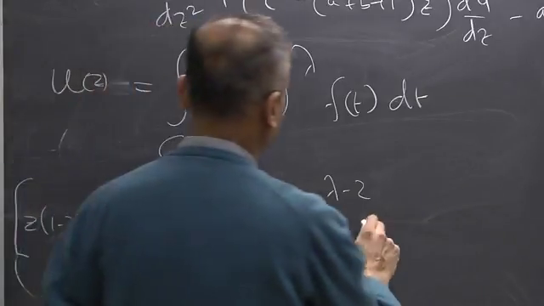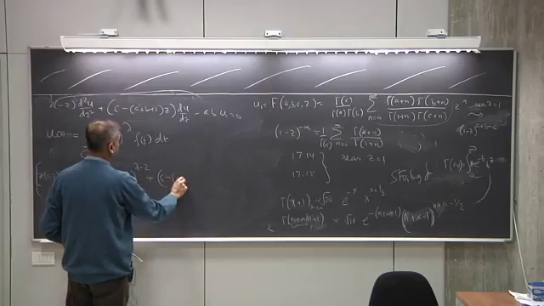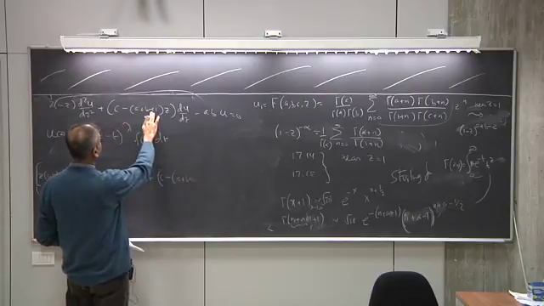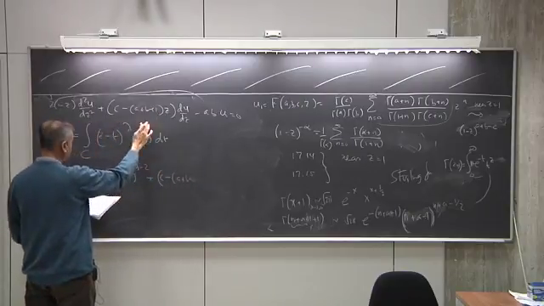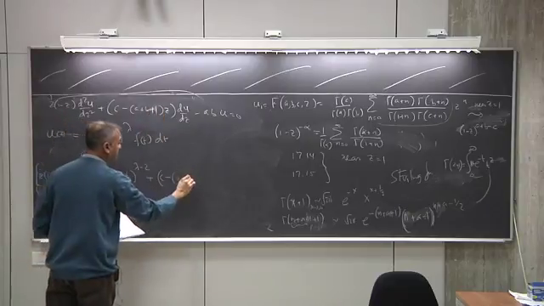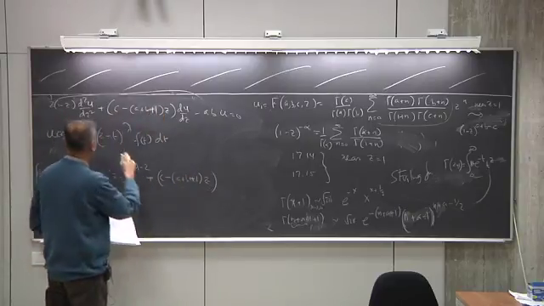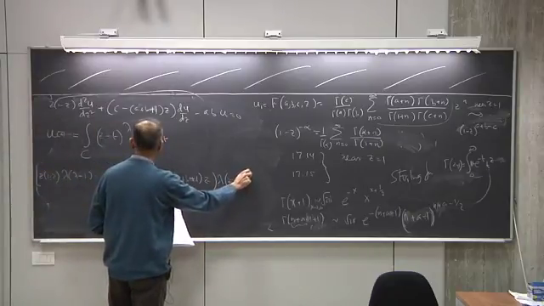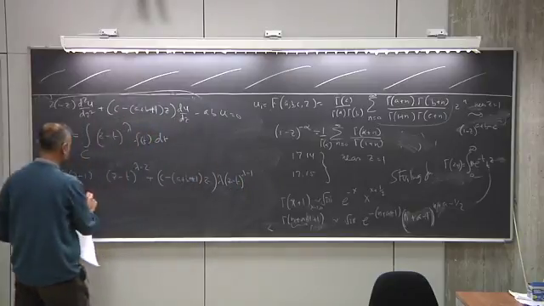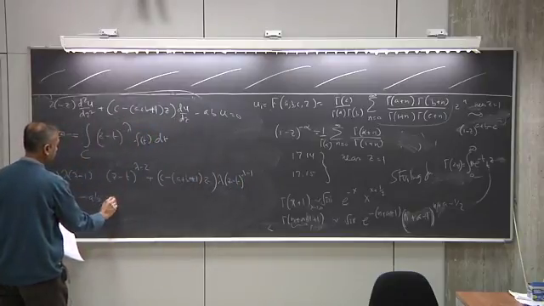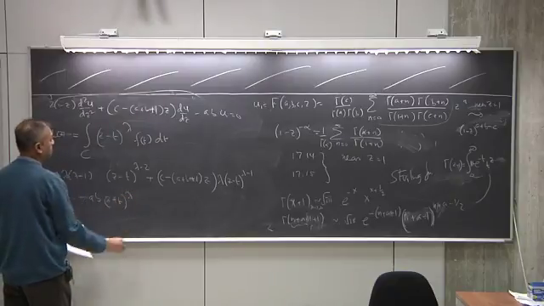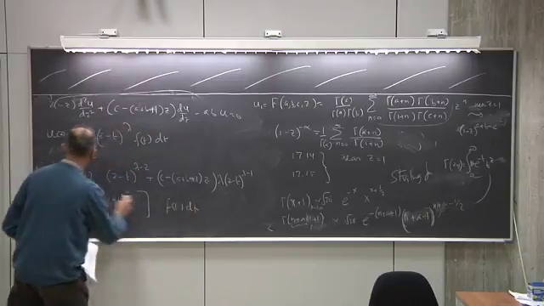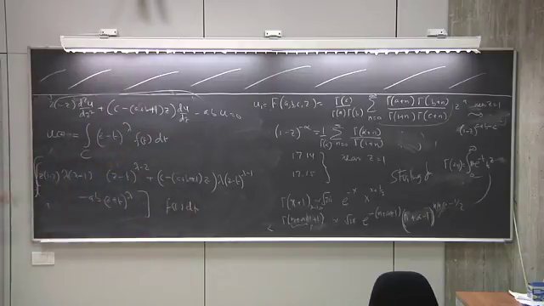Then you get plus (c minus (a plus b plus 1) z). And now I have just one derivative, so you get lambda times (z minus t) to the lambda minus 1. And finally the last one is simply minus ab times (z minus t) to the lambda. This whole thing is multiplying f of t dt, and I have this contour integral. That's the left hand side when I plug that in here.